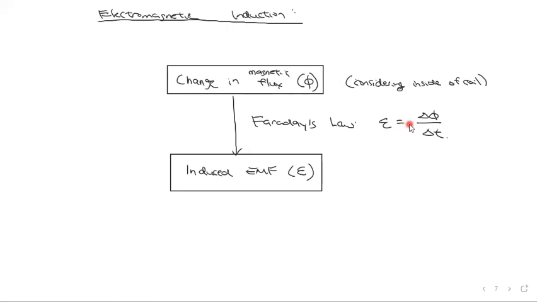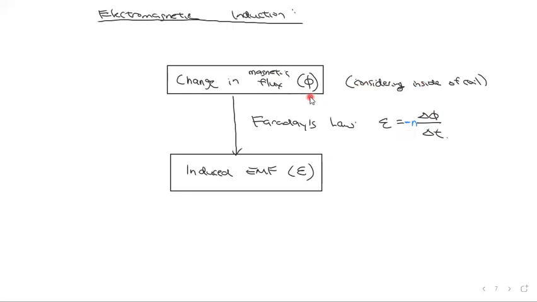You may or may not see this formula with a negative in front and an N in front. I can add those in, but the key concept is that if your coil experiences a change in flux over some period of time, there is an induced EMF, and the magnitude of that induced EMF is directly related to the rate of change of flux.